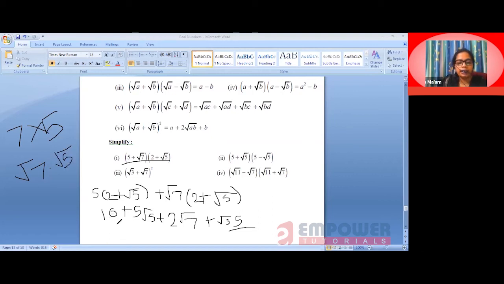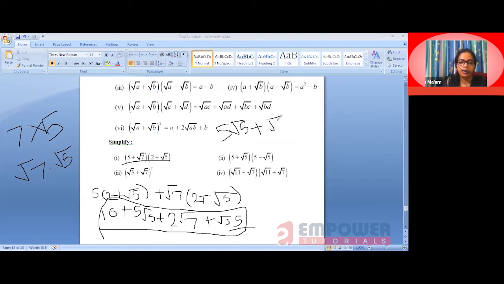In this case you need to keep this as your final answer. What else you can do is take 5 root 5 plus 7 root 7 into root 5 plus 2 into root 7.